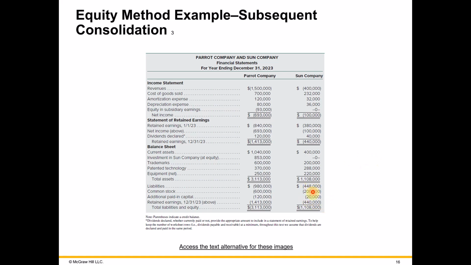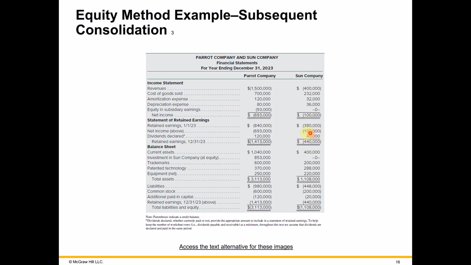Also, the equity accounts here of the sub have to be zeroed out, leaving only the equity accounts of the parent. In fact, most of what you see here in the parent is going to end up in the consolidated account here, except this investment account, except these items here, income of the sub and dividend to the sub.